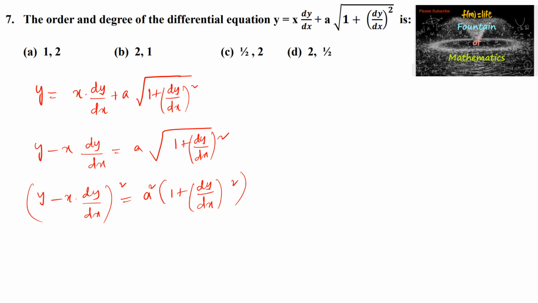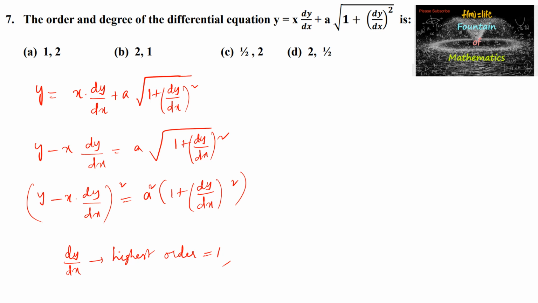So here we can say that the highest order derivative is dy/dx, which is of order 1, and the power of the highest order derivative in this expansion is 2. On both sides, after simplification, we get (dy/dx)².